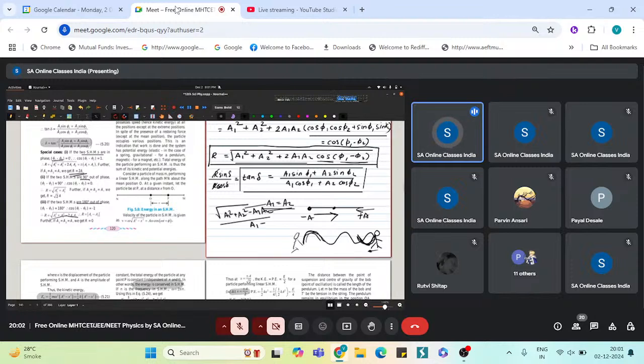But in this, if we plug a1 is equal to a2 is equal to a, then we will just get a square plus a square minus 2a square, which is just going to be 2a square minus 2a square, which is just going to be 0. So the amplitude of motion is going to turn out 0 if the two SHMs are completely out of phase and of equal amplitude.